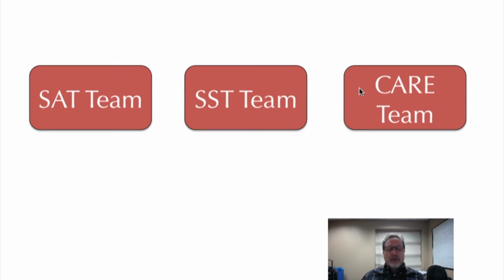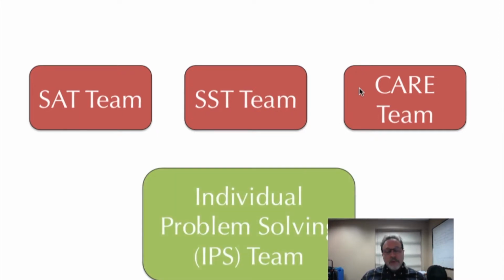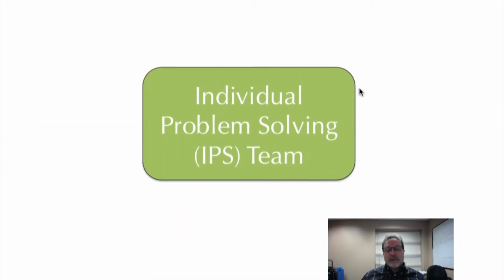And so we can look at a lot of students, and we don't always come out of those teaming processes with really good, clear plans that are doable, and plans that we know we can implement and really carry out. So this individual problem-solving team and process really substitutes for those other teaming processes in many cases.